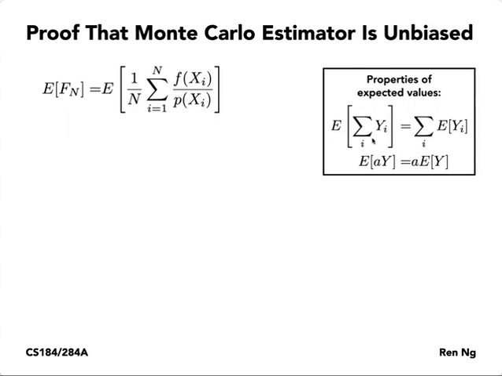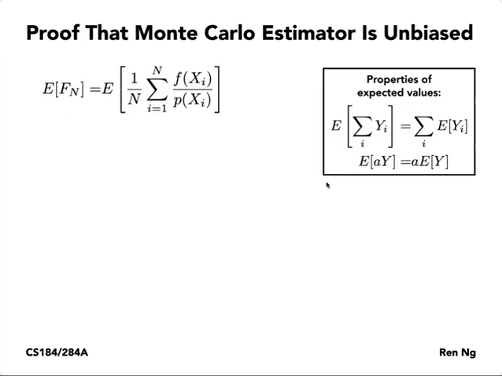The two properties of expected values that we're going to rely on are, number one, the expected value of a summation of some random variables Y sub i is equal to the sum of the expected values of each of the random variables. In other words, the expectation can push inside a summation, is a way to think about it.